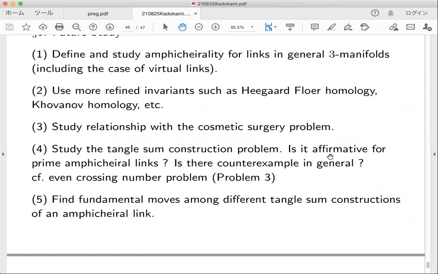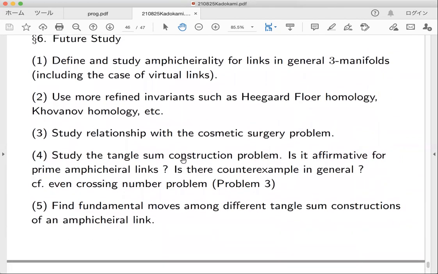Is it affirmative for the prime case, and is there a counterexample in general? I don't know. This tangle sum construction just corresponds to the even crossing number problem.